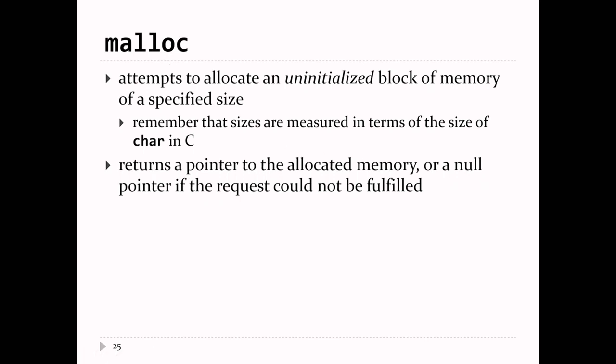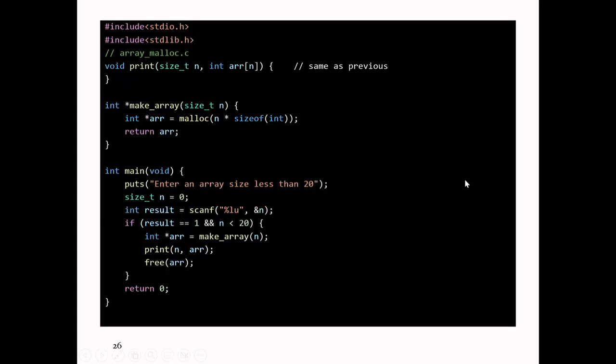You can think of malloc as returning an array of sufficient size, so you get a pointer to the first element of that array. If for some reason malloc could not give you that memory, it returns a null pointer, although that would be fairly unusual, especially in this course.